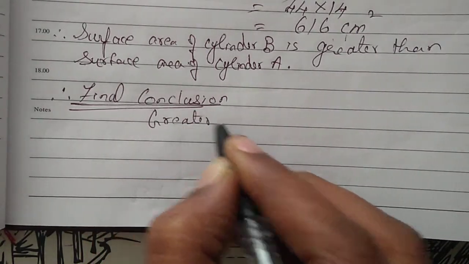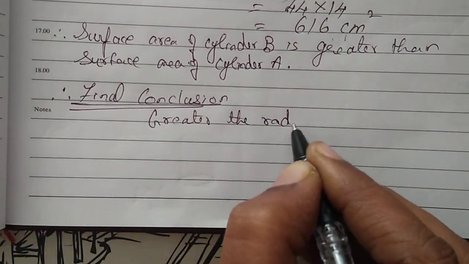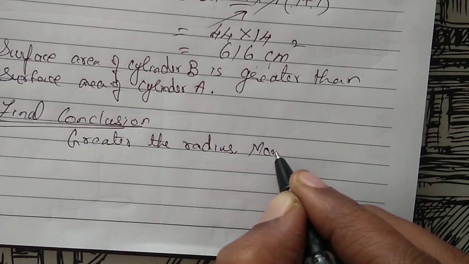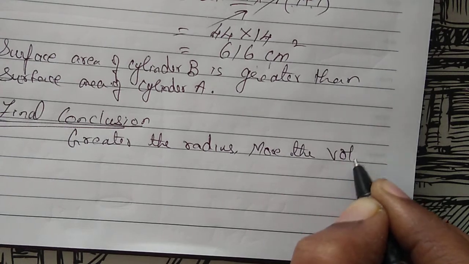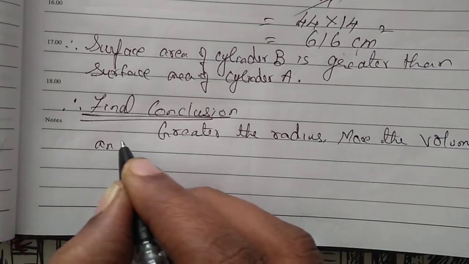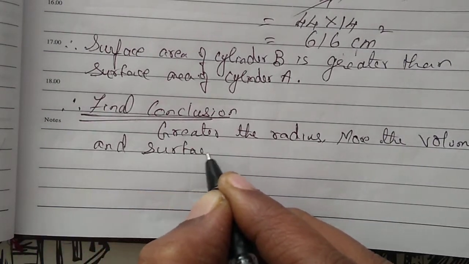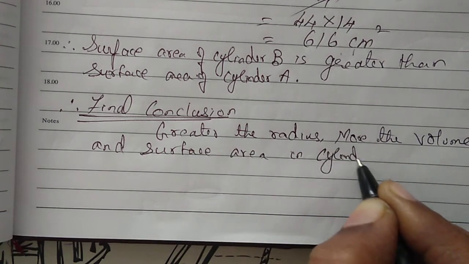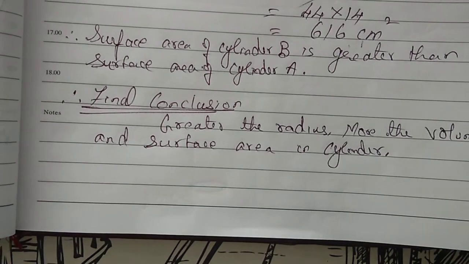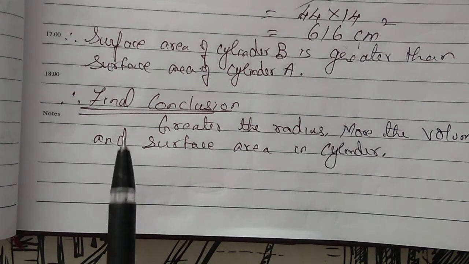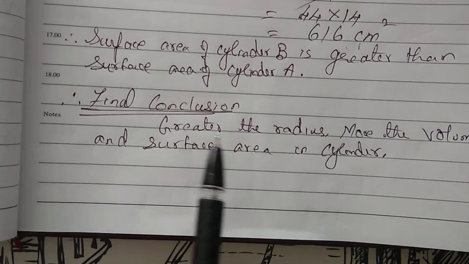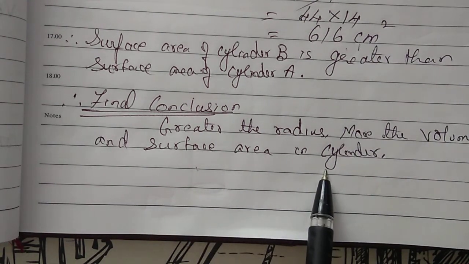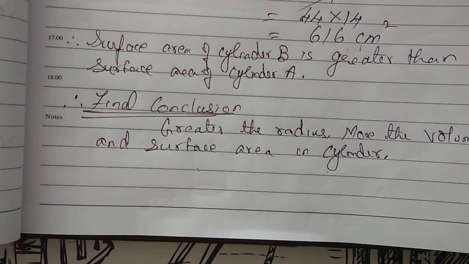Greater the radius, more the volume and surface area in a cylinder. Okay, because the sum deals only with the cylinder, no? So only for that we do the conclusion. So what did we get as the final conclusion? The bigger the radius, bigger the volume and surface area in a cylinder.